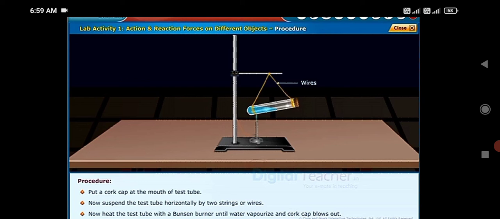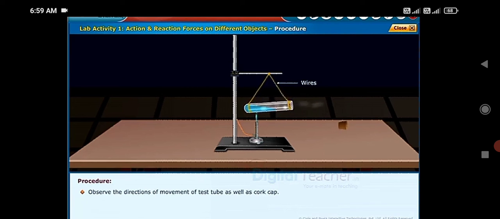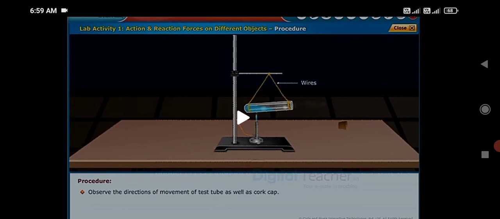Now heat the solution. The liquid evaporates and produces steam. The steam pushes the cork in another direction. The cork, initially inward at the mouth, now moves outward. This indicates recoil. Every action has an equal and opposite reaction. That's all. Thank you, students.